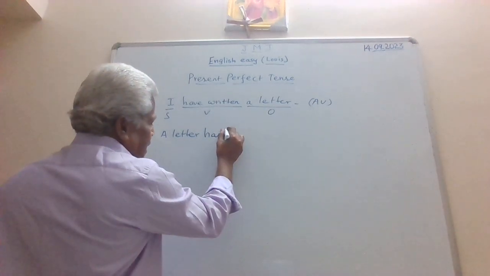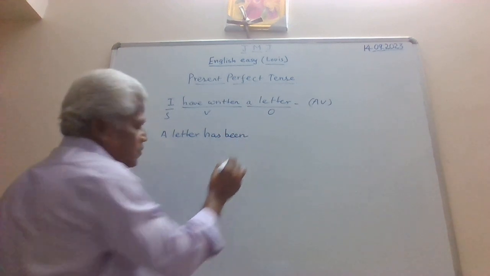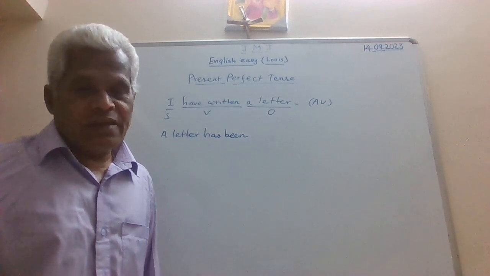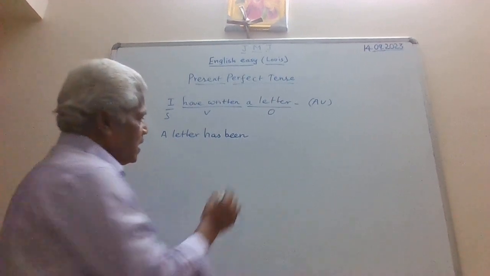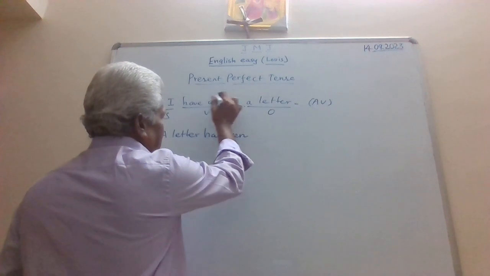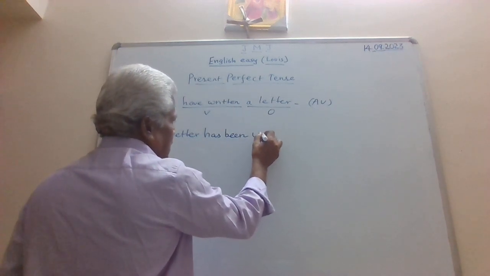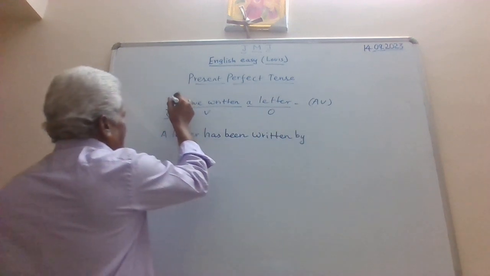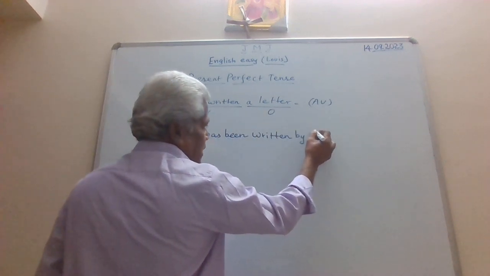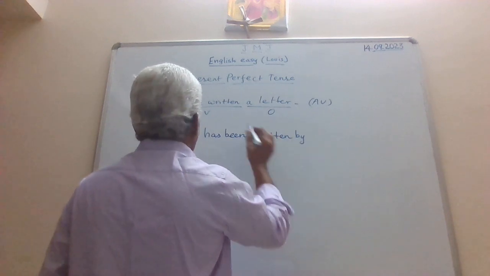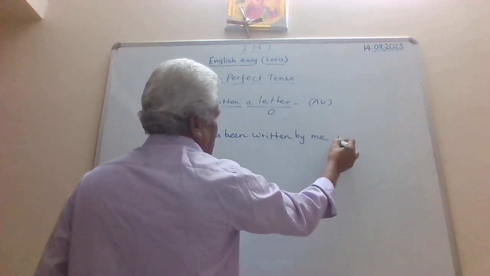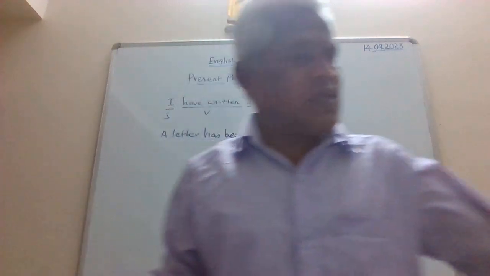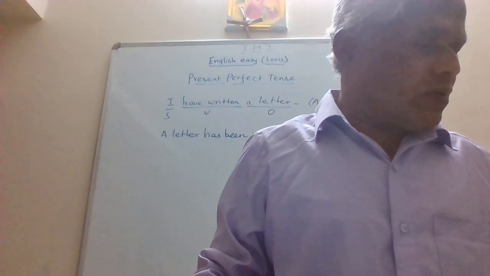And then we are adding the verb been, and then the past participle form of the main verb. A letter has been written. Then the preposition by, and your subject becomes the object here. A letter has been written by me. And this is your passive voice. So that's very, very simple.